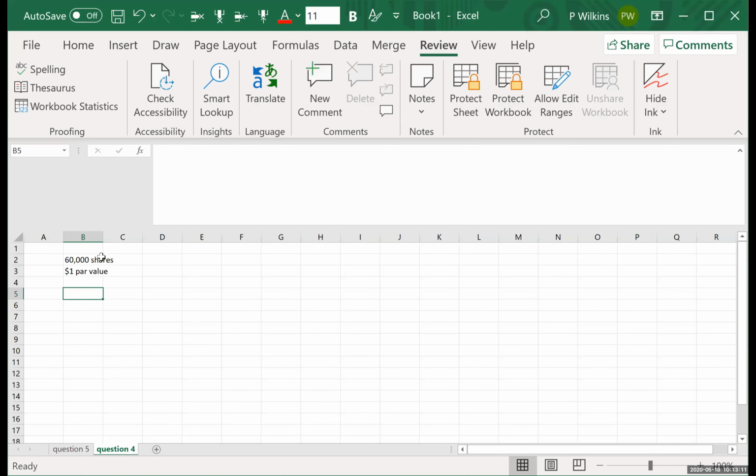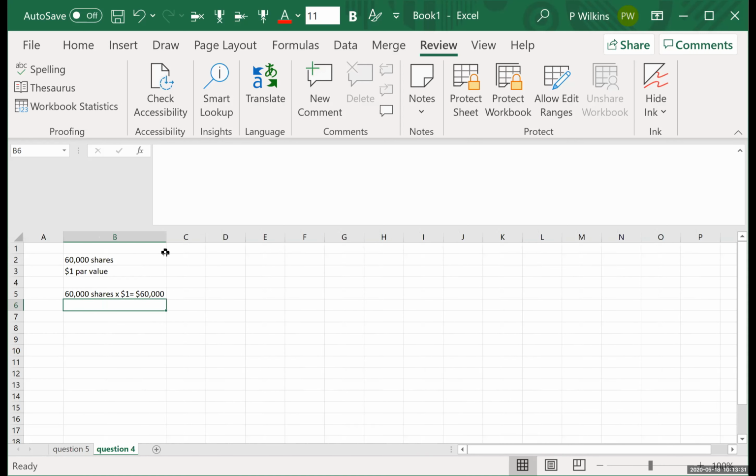If you sold 60,000 shares at $1 each, that would be $60,000. But the problem says 60,000 shares of common stock for $675,000, so you have an excess. They're not giving you the per share amount. They might have said $5 a share or $11.25 a share, but they're just giving you the total.